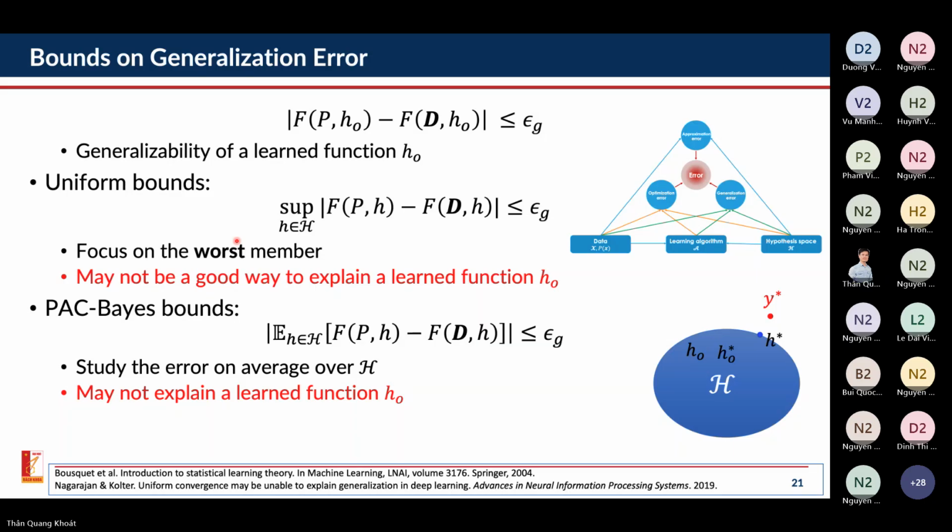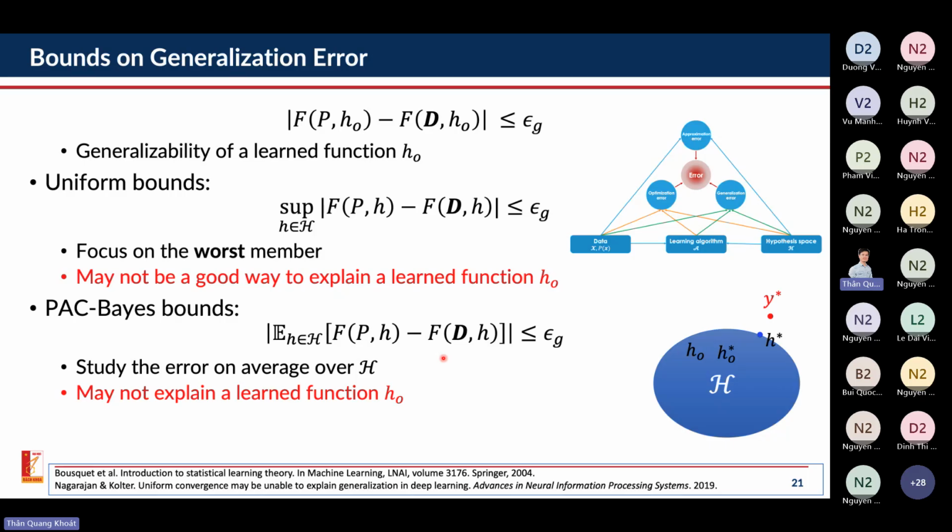Okay. Another approach that has been studied very actively recently is the PAC-Bayes style. Instead of studying the worst member, we study the average error over the whole space. The space here is over all the models in the family. That is, we want to study this expectation, right?